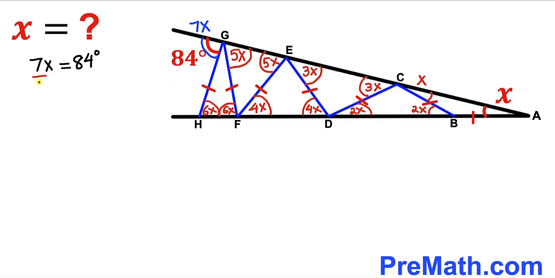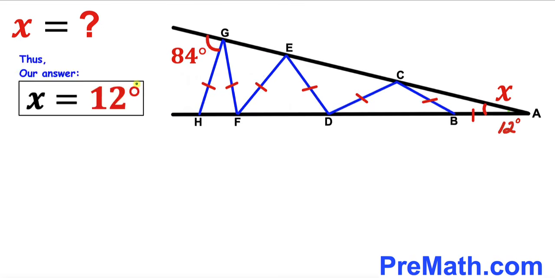Let's divide both sides by 7 to isolate x, and here we can see 7 and 7 is gone. So our angle x turns out to be 12 degrees. Thus after all the calculations and manipulations, our angle x turns out to be 12 degrees. And that's our final answer.